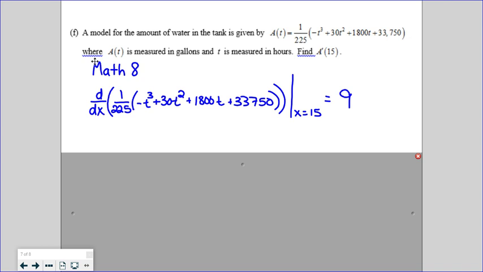Let me kind of check your calculator. A lot of times I can spot what got typed in incorrectly.